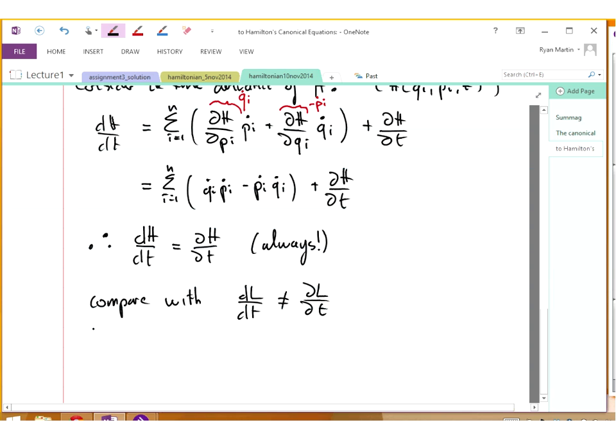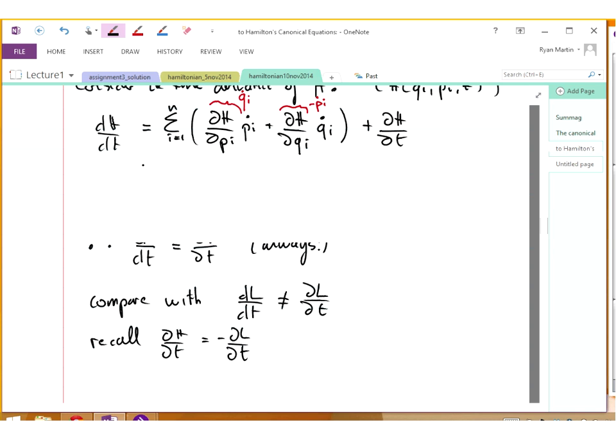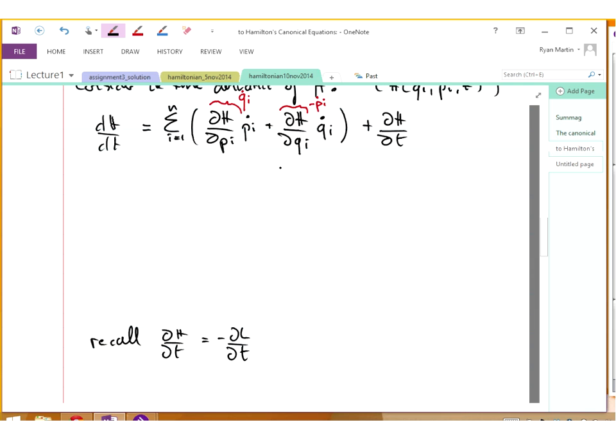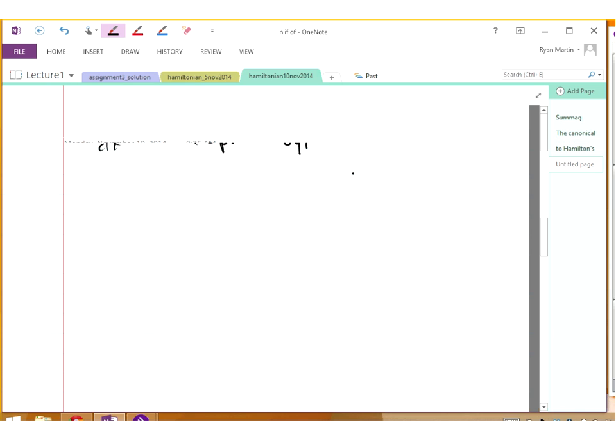So also recall that ∂H/∂t is equal to minus ∂L/∂t, right? That was one of the properties of the transformation. So what that means is, if ∂L/∂t equals 0, then ∂H/∂t obviously also equals 0.